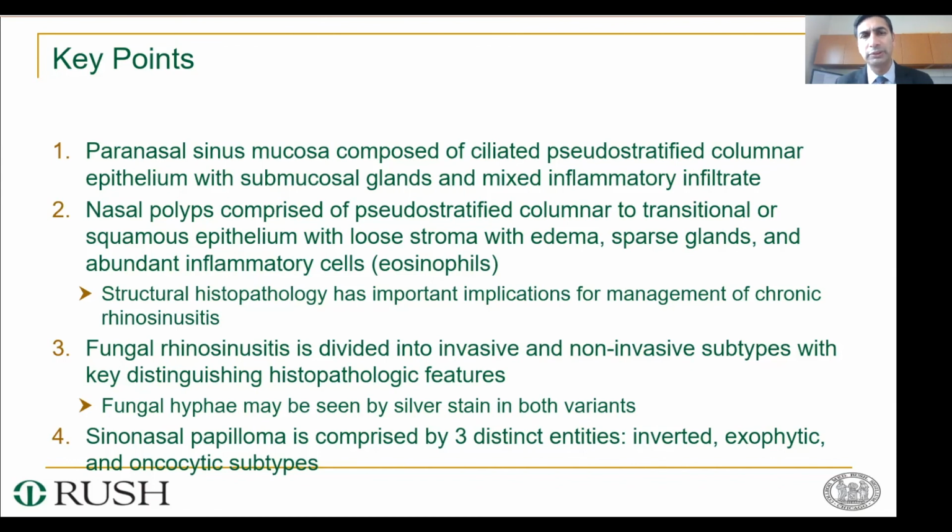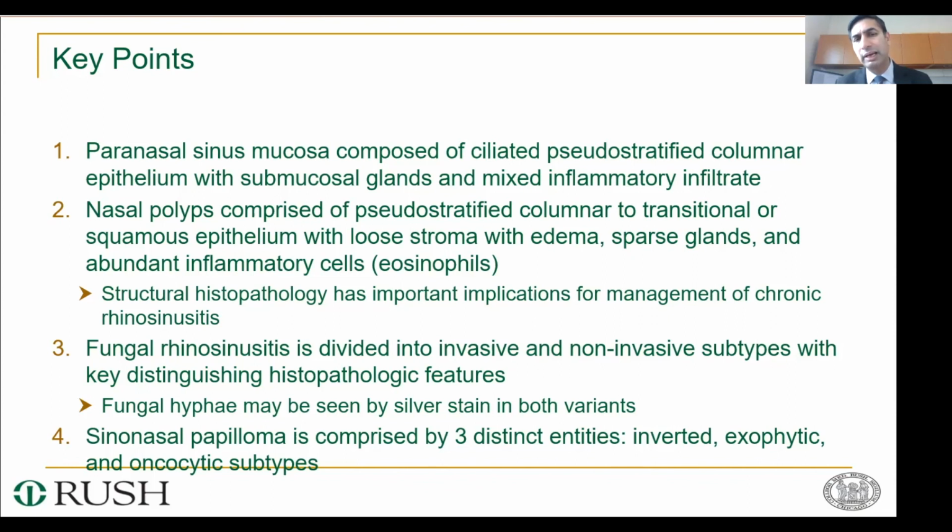The underlying submucosa has a very loose stroma, often with severe edema, sparse glands, and abundant inflammatory cells, which tend to skew to eosinophils. As I had demonstrated earlier, the structured histopathologic reporting has a potential for important implications for management of CRS and its subtypes. When we look at fungal rhinosinusitis, it's divided into the invasive and non-invasive subtypes, which tend to have key distinguishing histologic features.